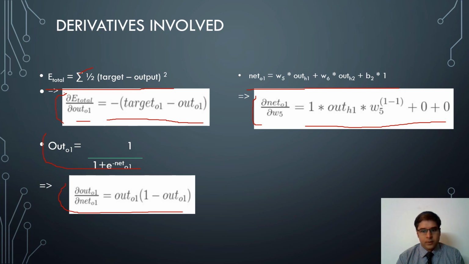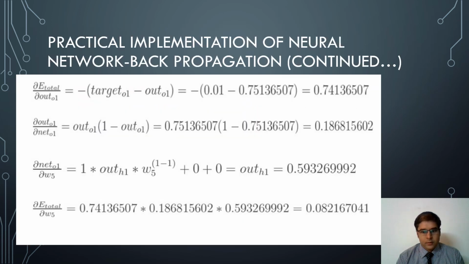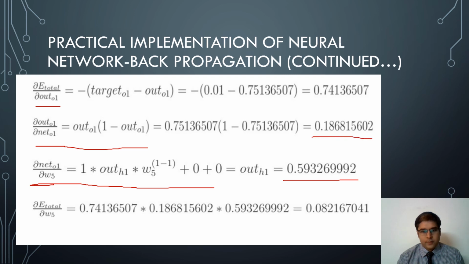Next we will substitute these values in the previous equation. So we come back to the back propagation steps. We calculate each of these values as discussed and substitute their values as calculated from the previous slides.